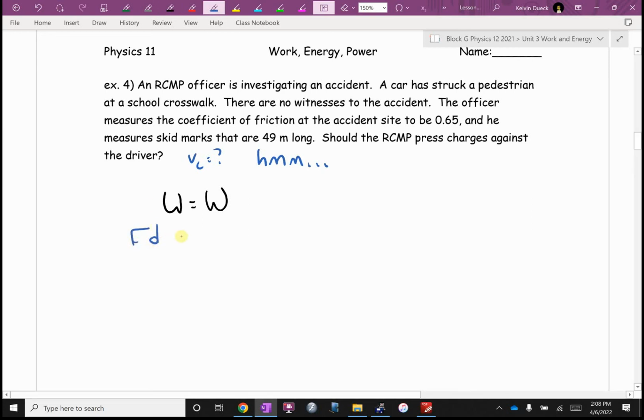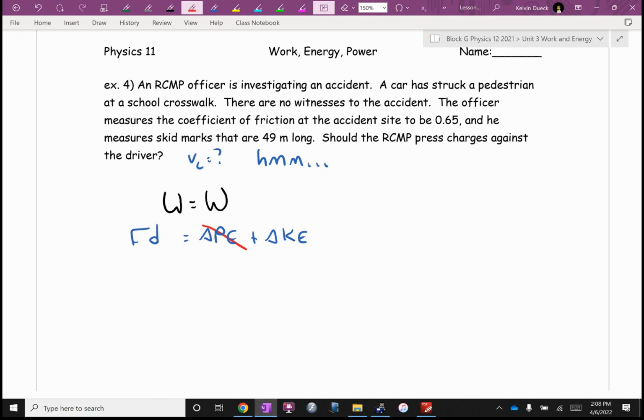Force times distance equals change in potential plus change in kinetic. We're going to assume we're on level ground. In real life, if you're on a hill, you can actually take that elevation change into account as well and get it in here.